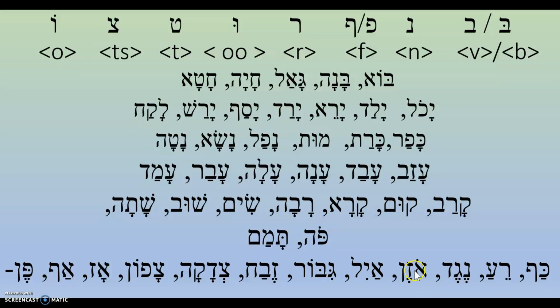So this is one case, as an example, where aleph is read as o. We have an aleph up front as the first letter of the word, but it is read as o. Interesting, right? Ozen, ear. Ayil, ram, ruler.